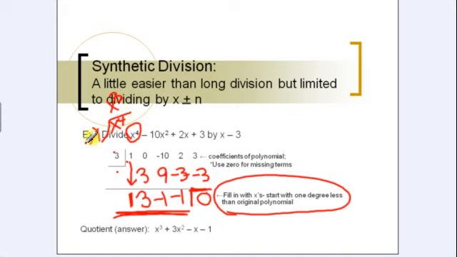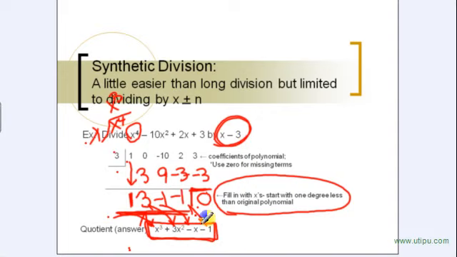So my quotient, my answer, which is already written down here, is 1x cubed plus 3x squared minus 1x minus 1. And if I did have a remainder, I would once again write it as a fraction over what I'm dividing by, in this case, the whole x minus 3. So that's the way I write my answer. And you can see it's a bit faster than long division.